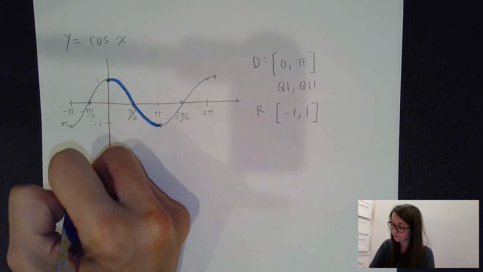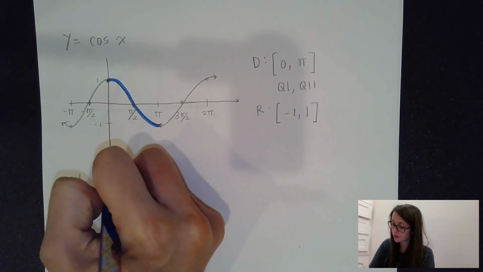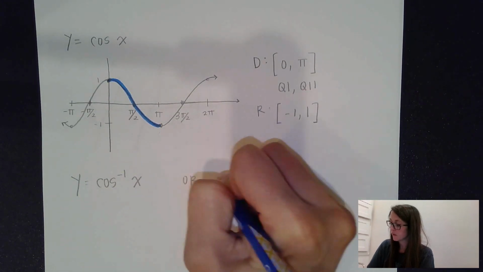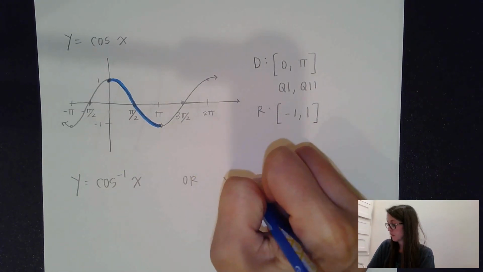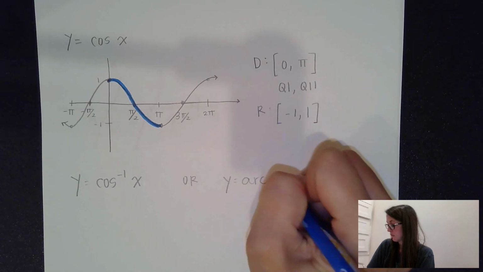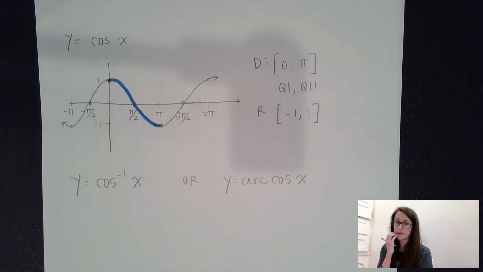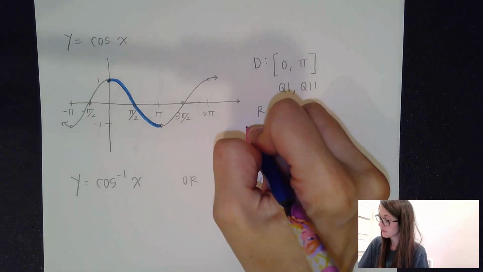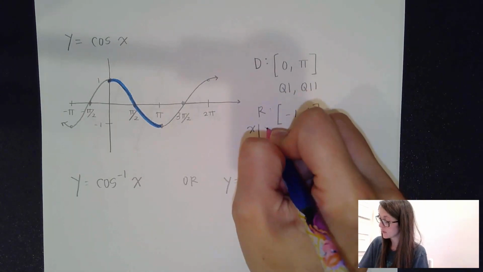So if I wanted to graph my inverse cosine function, you could write it either way. That represents the same thing. So let's go up here and label our x's and y's.